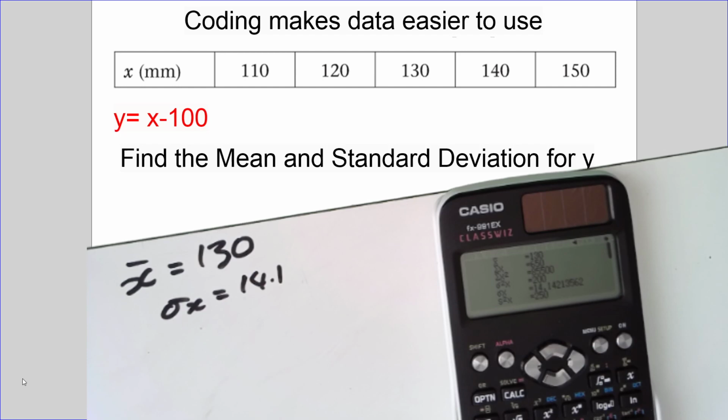If we do some very simple coding, maybe I subtract 100 from all of my bits of data. So if we look at y and I subtract 100, I'm going to get 10, 20, 30, 40, 50.